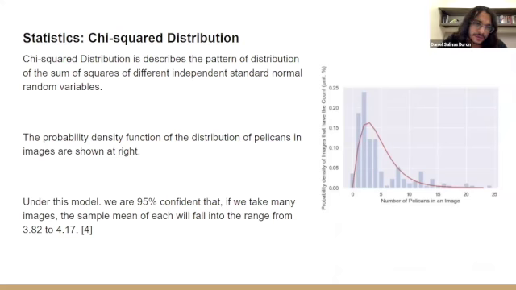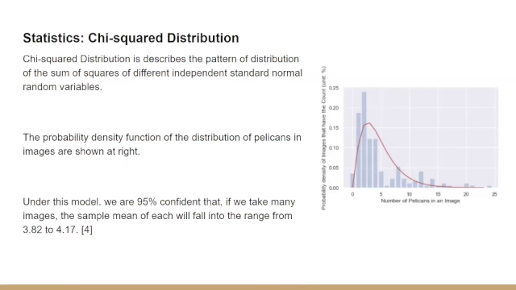Yeah, sure. Well, it seems like the chi-square distribution describes the pattern of distribution of the sum of squares of different independent standard normal distribution variables. We believe that the distribution of pelicans in an image is random, therefore we fit our data to the distribution model. The probability density function of the distribution of pelicans in images is shown at right.